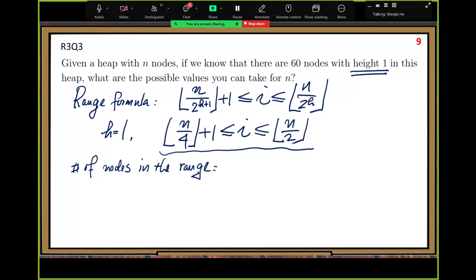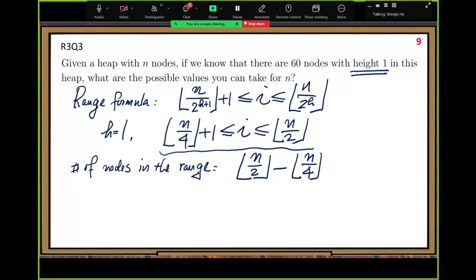Remember, we use the upper bound, n over 2 floor function, minus not the lower bound directly, but the number that is right before the lower bound. So this is the number right before the lower bound. Remove that plus 1.